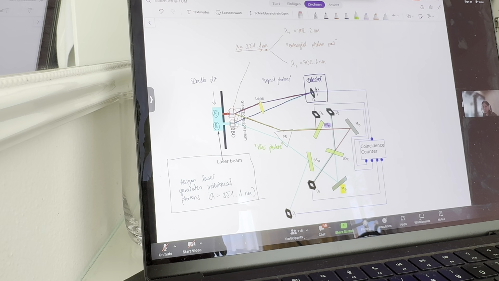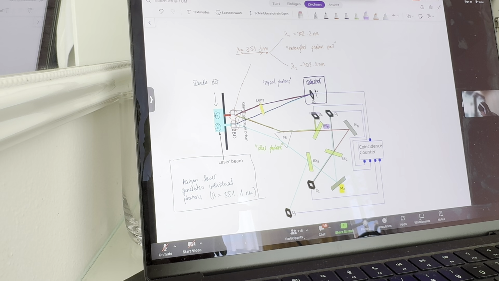A beam splitter is an optical element where you have a 50% probability that the photon is reflected. If that is the case, it will go this way, and then it will be detected by a detector that we call D4. In the other 50% of cases, the photon just travels through the beam splitter.